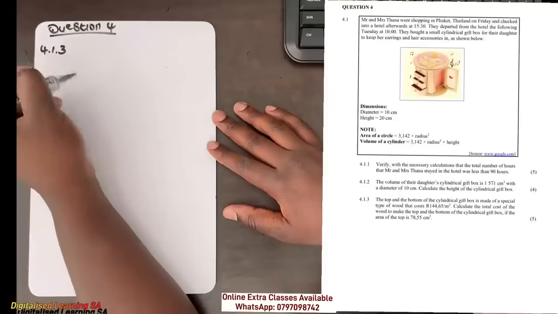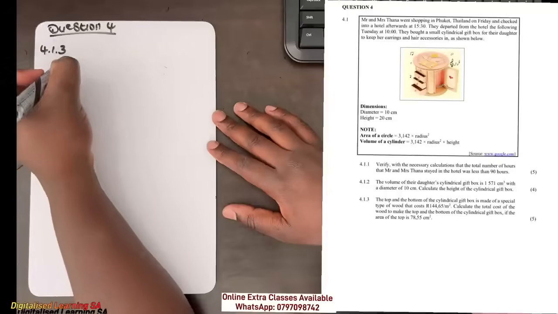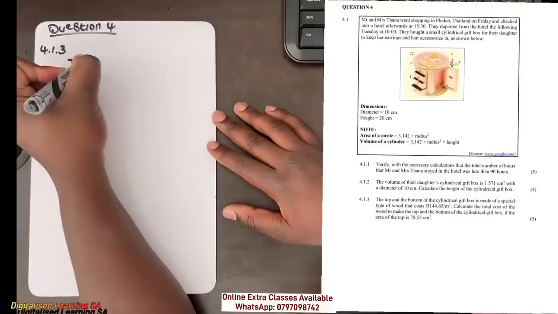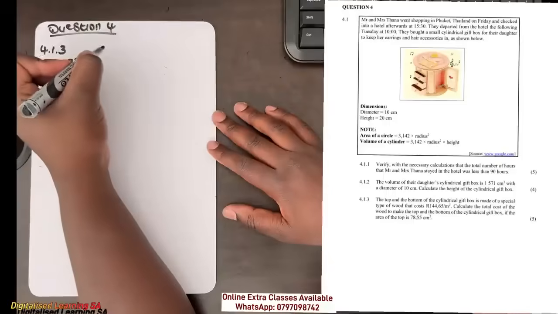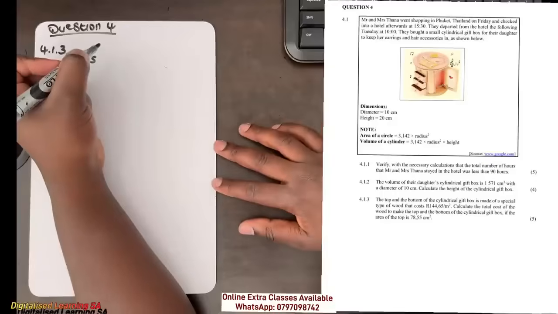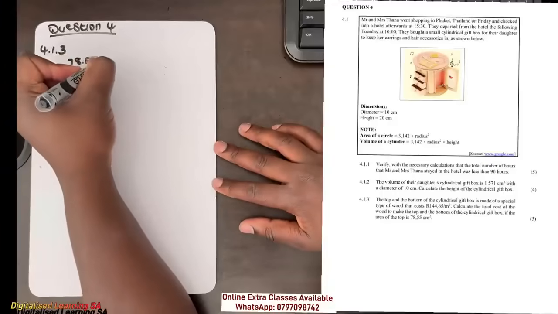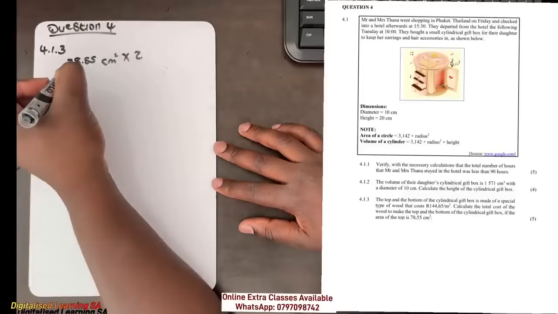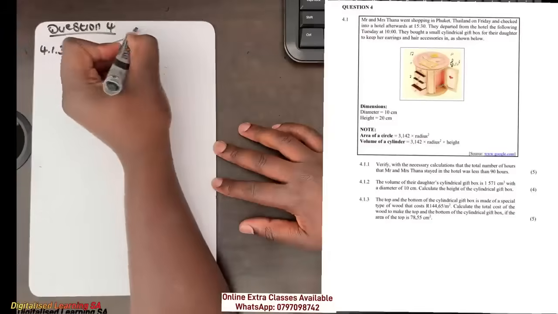both the top and the bottom, meaning that to have both the top and the bottom, we just calculate the top by 2, because we need both the top and the bottom. So we'll say 78.55 centimeters squared multiplied by 2, because this is for the top.